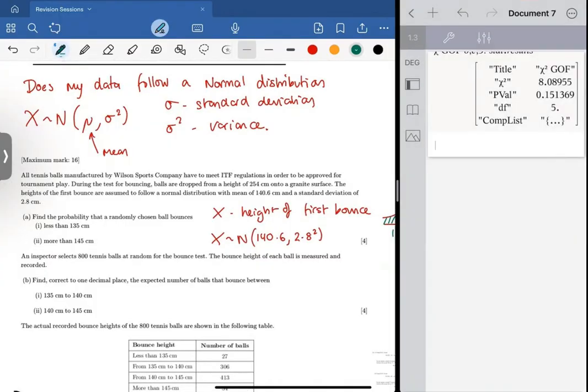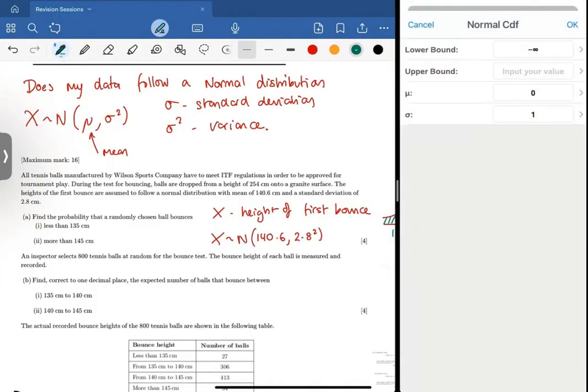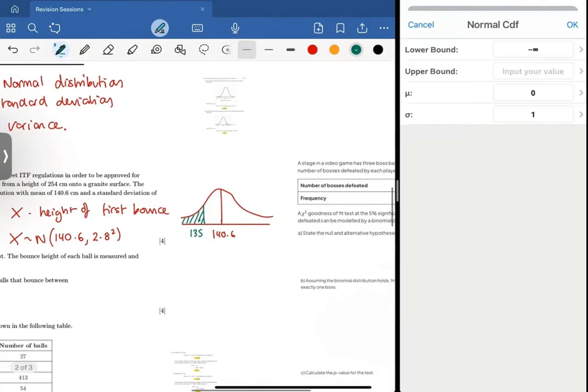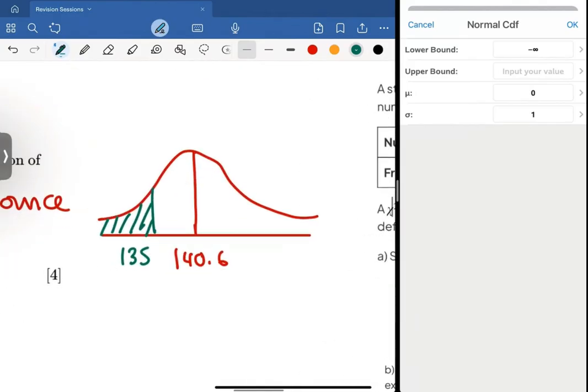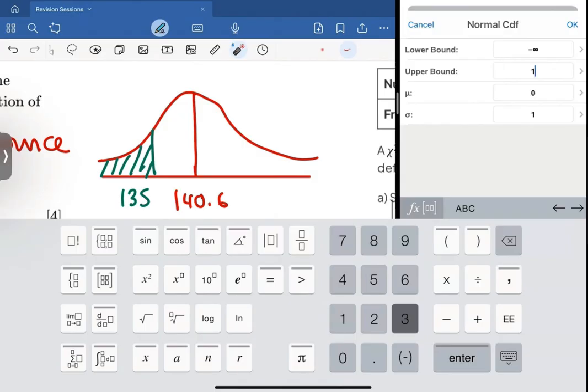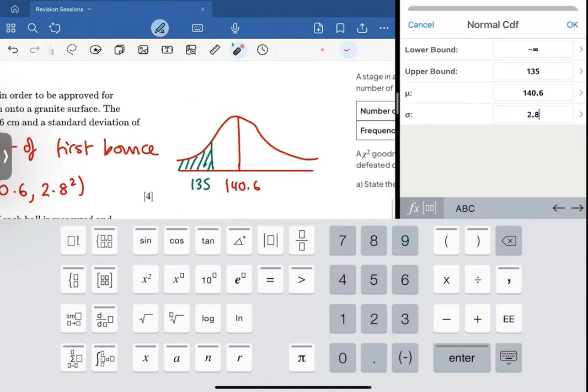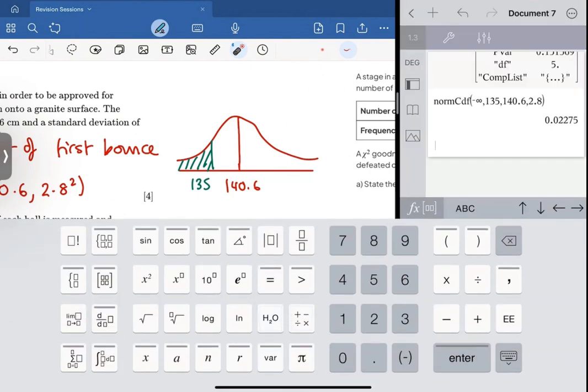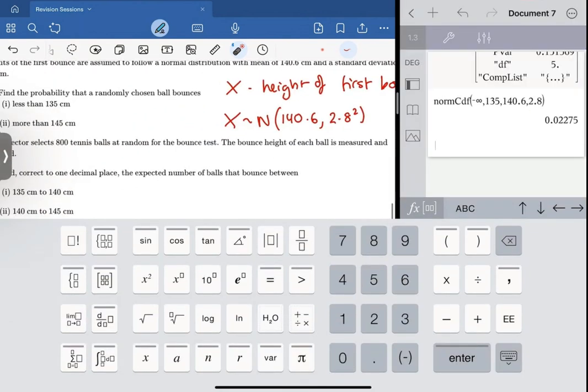So our lower bound is going to be something really, really small, because we want to start all the way as close to 0 as possible in this direction. Our upper bound, we want to go up to 135. And our mean is 140.6. And our standard deviation, we were told, was 2.8, not 2.8 squared. Okay, lovely. So we've got that first result.